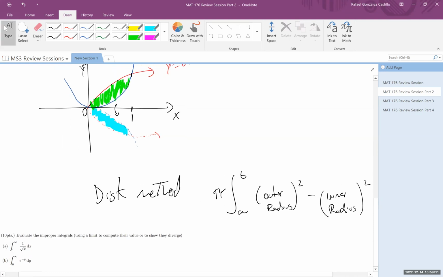What is your outer radius here? The outer radius, when you look at it, is what ends up on the outside. What ends up on the outside when we revolve? These red lines end up on the outside, and the blue lines end up on the inside. Right? This is my outer radius, my inner radius. If you think about it as, let's say, a half circle, when you draw the other half circle on the other side, this piece is the one that's outside.